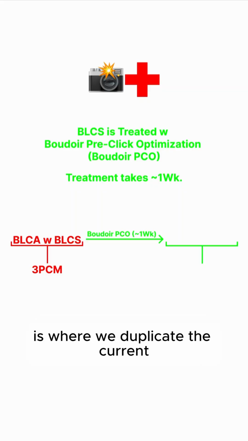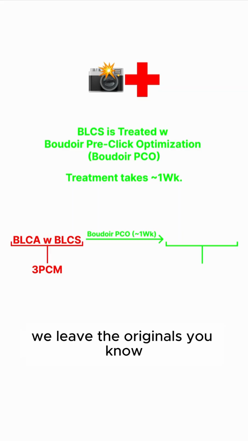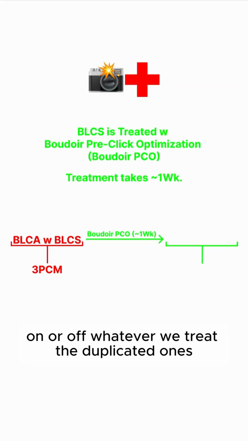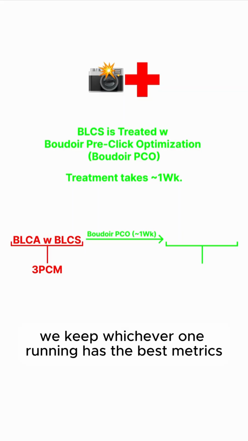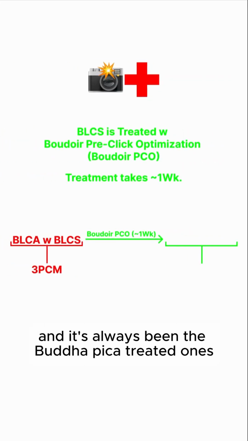We invented this: we duplicate the current Boudoir Facebook ads and we treat the duplicated ads. We leave the originals, on or off, whatever. We treat the duplicated ones, and at the end of the week, we keep whichever one running has the best metrics. And it's always been the Boudoir Pico treated ones.